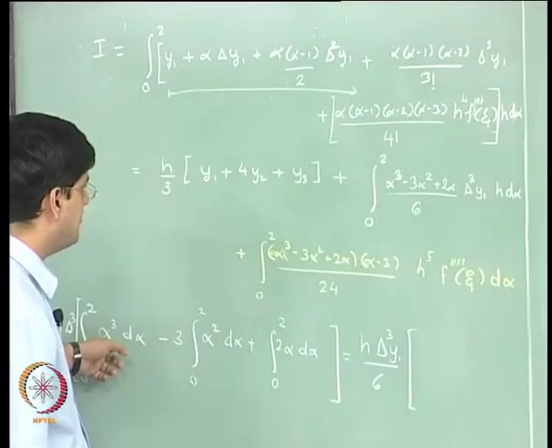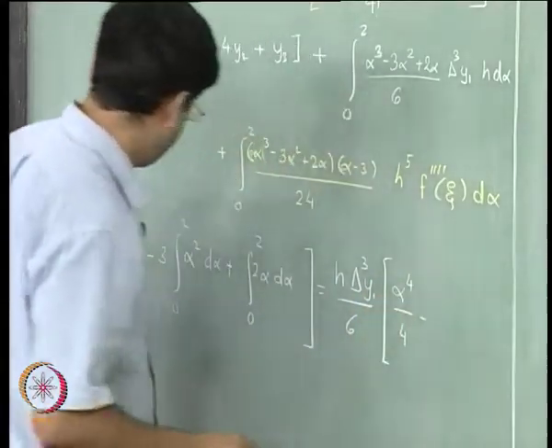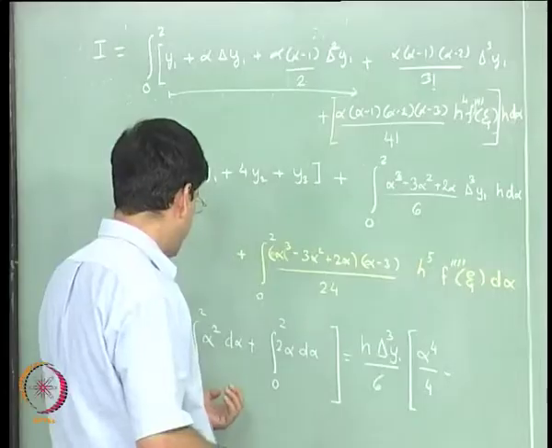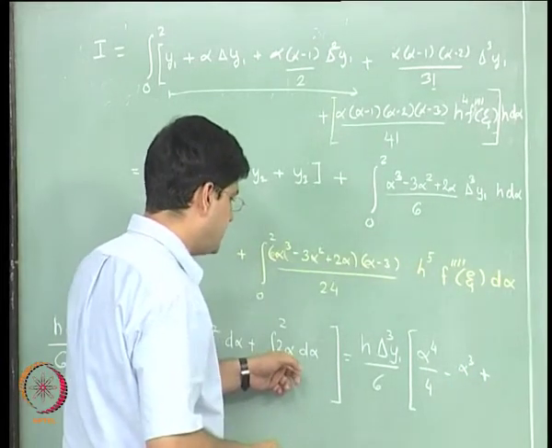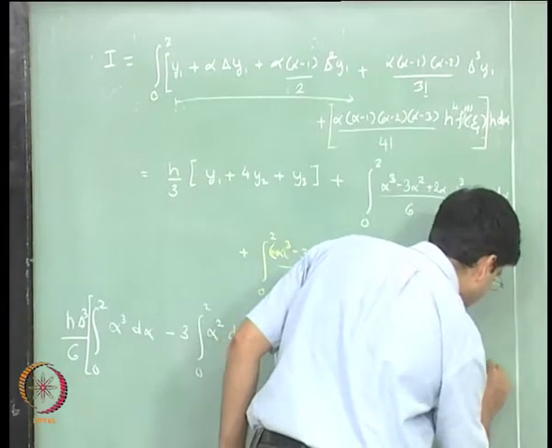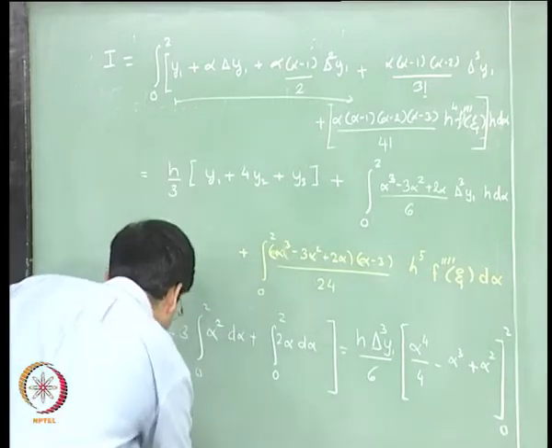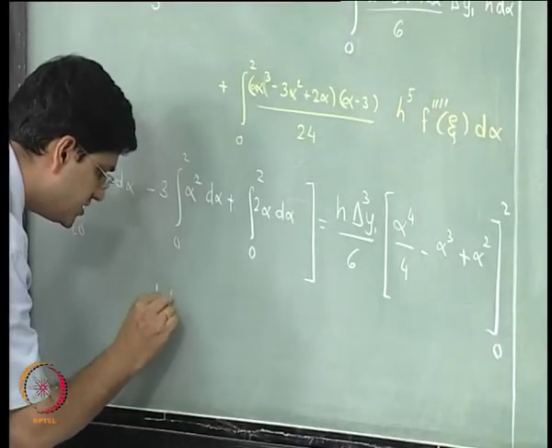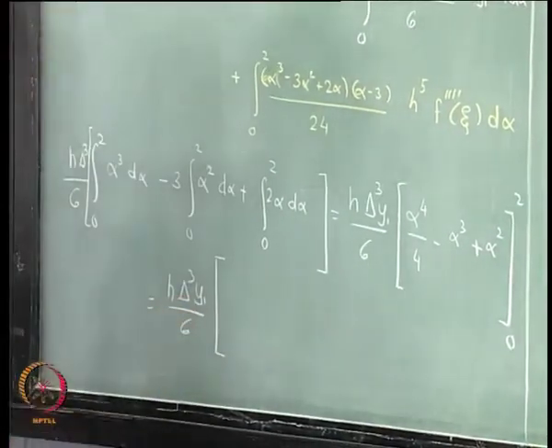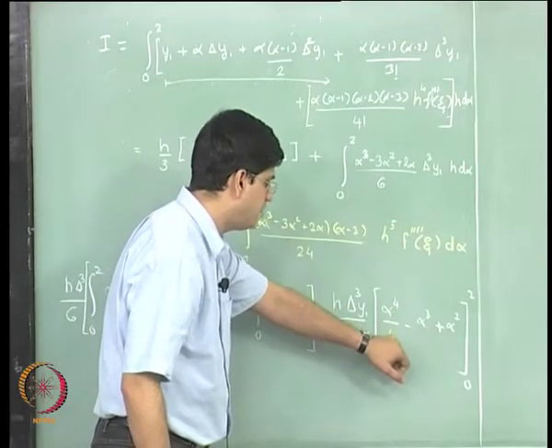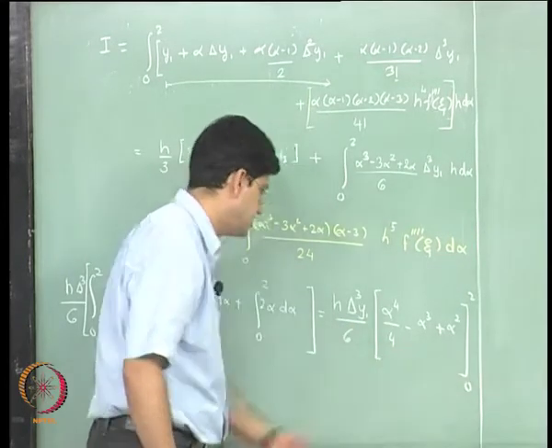This is going to be alpha to the power 4 divided by 4 minus 3 alpha cubed divided by 3, which is just going to be alpha cubed, plus 2 alpha squared divided by 2, which is just alpha squared, going from 0 to 2. Okay, which we will be able to write as h delta cubed y1 divided by 6 multiplied by alpha to the power 4 divided by 4, which is 2 to the power 4, that is 16 by 4, that is 4, minus 0.